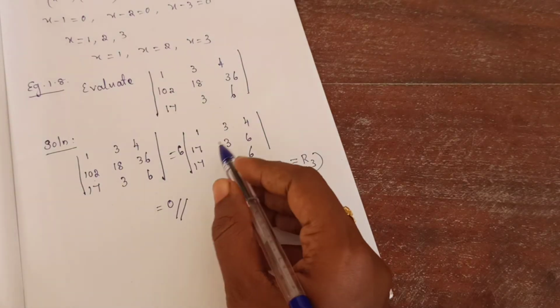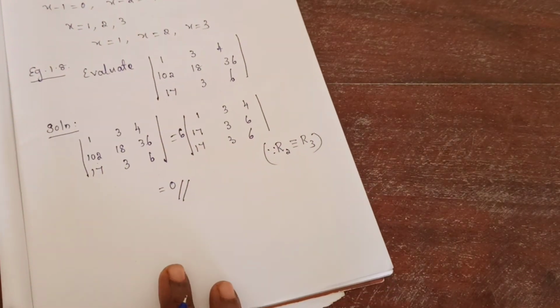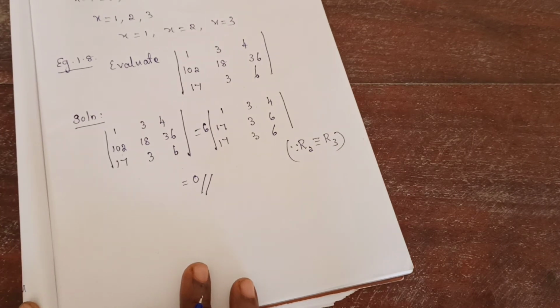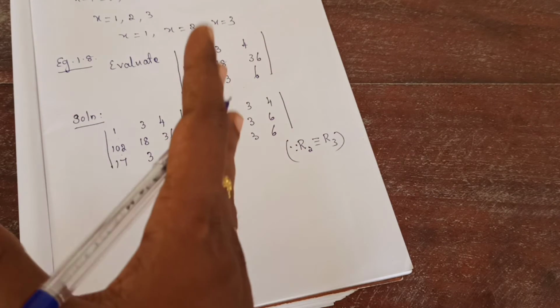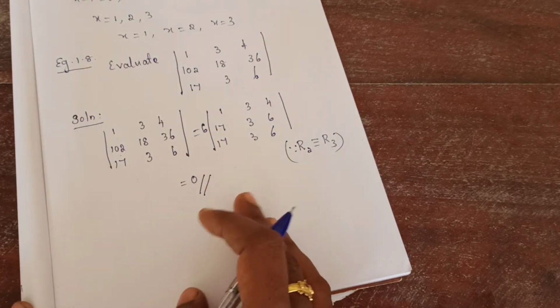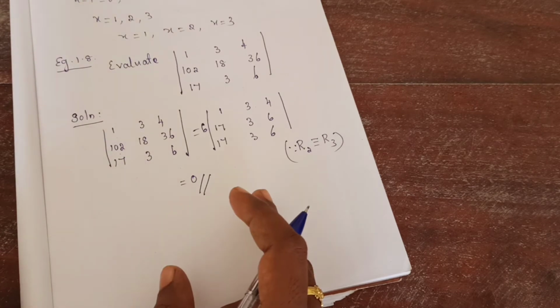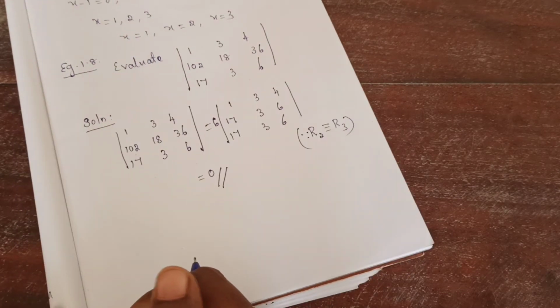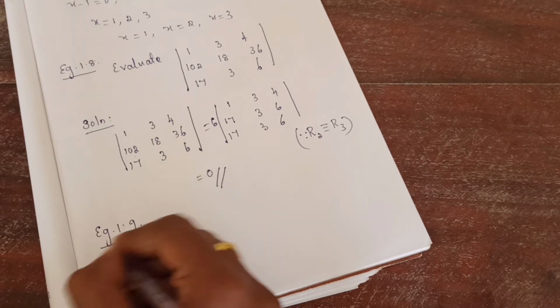Any two rows of the determinant being equal means the determinant value is equal to 0. So for this problem you are using two properties: multiplying by a scalar, that's the fourth property, then any two rows being proportional, that is the fifth property. Write these two properties on the side and write down the answer. Understand? Okay. Let's move to the next question.